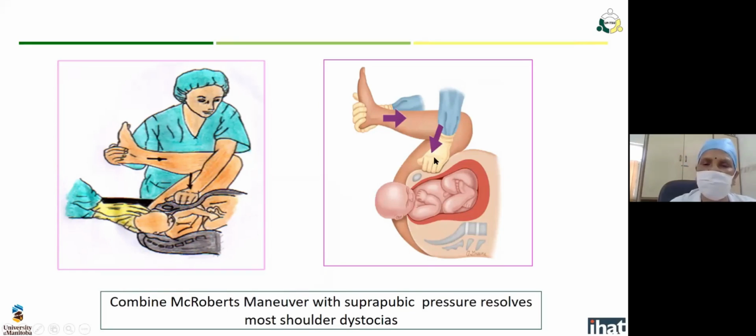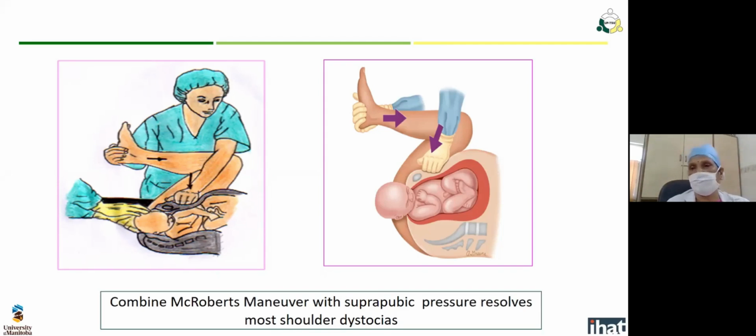The suprapubic pressure should be given towards the back of the baby. The purpose of this is decreasing the shoulder diameter. The acromial diameter decrease हो जाएगा, and one person is giving the traction downward, then the baby can be delivered. So the combined McRoberts maneuver with the suprapubic pressure resolves most shoulder dystocia, more than 90% of shoulder dystocia are delivered.